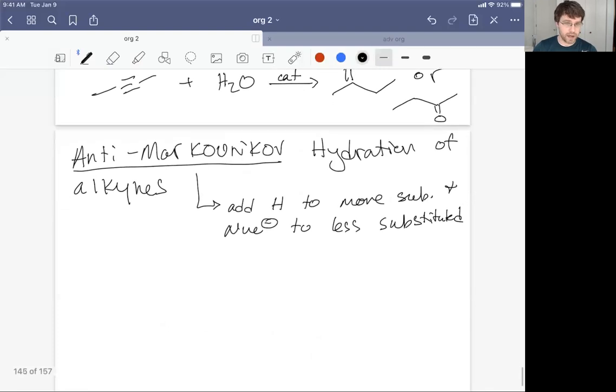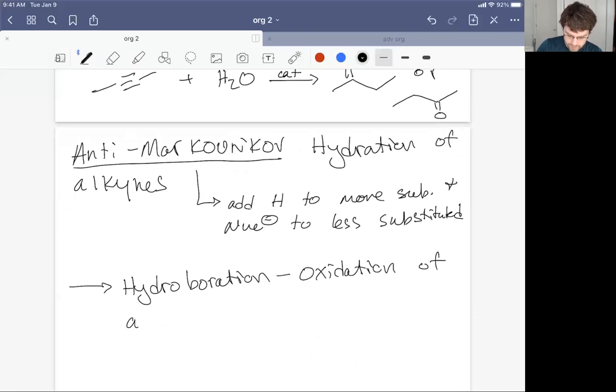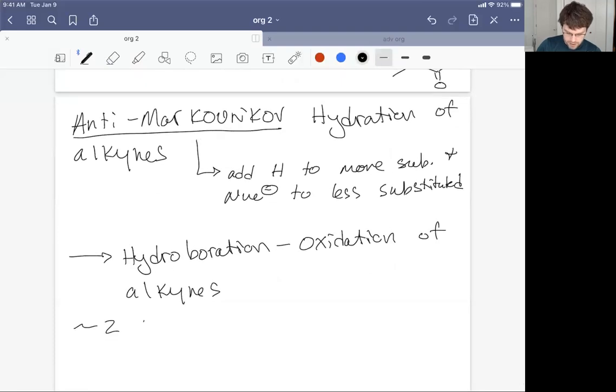Well, the specific reaction that we're going to use is the hydroboration reaction. And it's a hydroboration oxidation reaction of alkynes. So first of all, this is a two-step procedure. Step one is hydroboration.